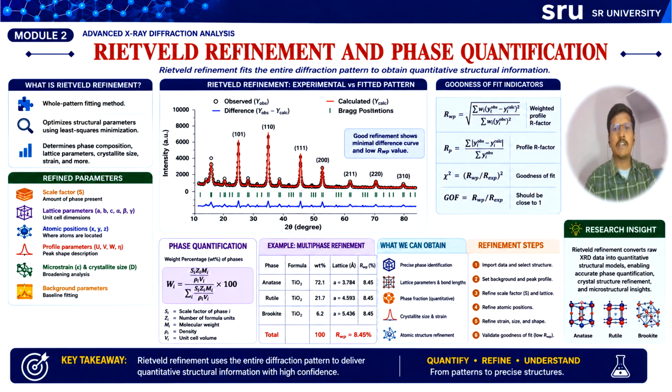Another important advantage of refinement is that it can detect very small structural changes within the material, which may not be visible through a simple XRD analysis. For example, lattice distortion, cation substitution, oxygen vacancies, structural disorders, or microstrain induced in the sample can all influence the refinement results.